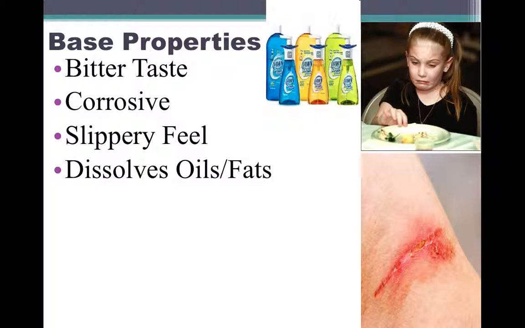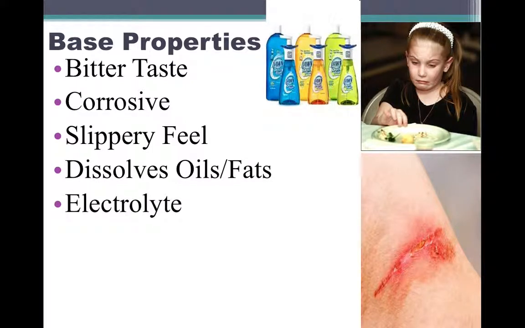The ship had an accident, and all the oil entered the waterway there. It got all over the birds and all over animals. In order to dissolve it, they tried various different cleaning products. Finally, they tried Dawn, and it dissolved all the oils, which made it an easy recovery for the birds.